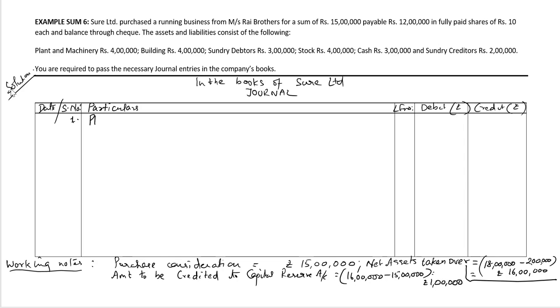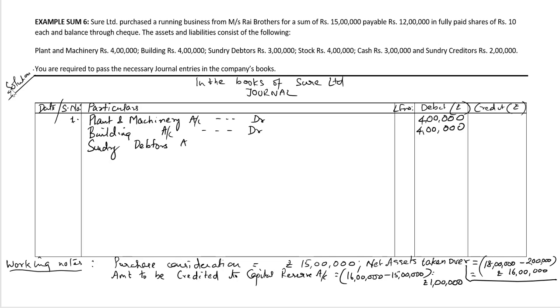So let's pass the first journal entry, plant and machinery account debit ₹4 lakh. Building account debit ₹4 lakh. Sundry debtors account debit ₹3 lakh.